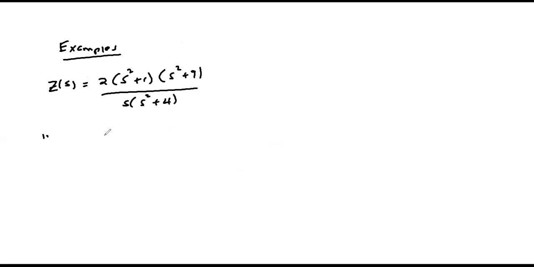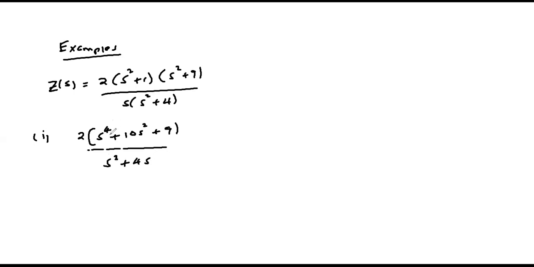The first property is on odd to even or even to odd polynomial in S. The numerator can be written as 2 into S power 4 plus 10S squared plus 9, and then the denominator is S cubed plus 4S.